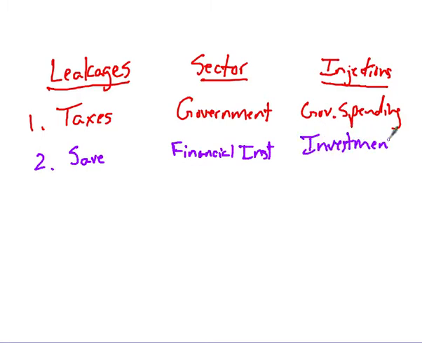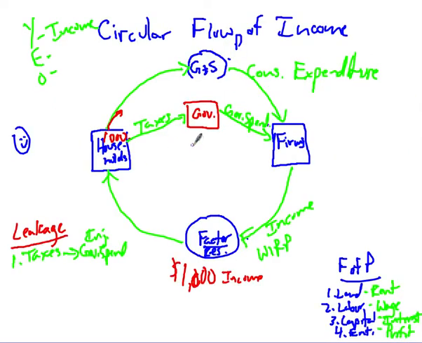Now let's go back. And by the way, this is an L. Let me call this J. So let's go back, and we'll put financial institutions here, because some of our money is going to go this way. So here's the households.